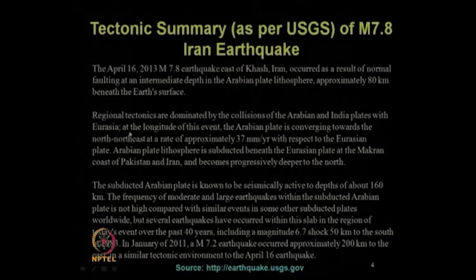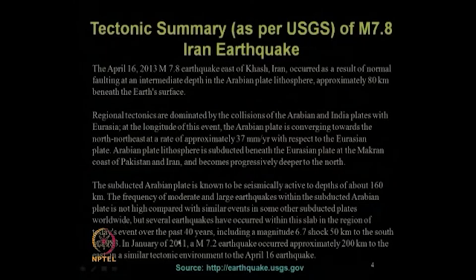You can see over here it is because of the collision of the Arabian plate and the Indian plate with the Eurasian plate. These three major plates are moving, and because of that movement this collision occurred, which caused this earthquake of 7.8 magnitude on this day. Though this subducted Arabian plate is seismically active, it is not as active as other subducted plates worldwide.